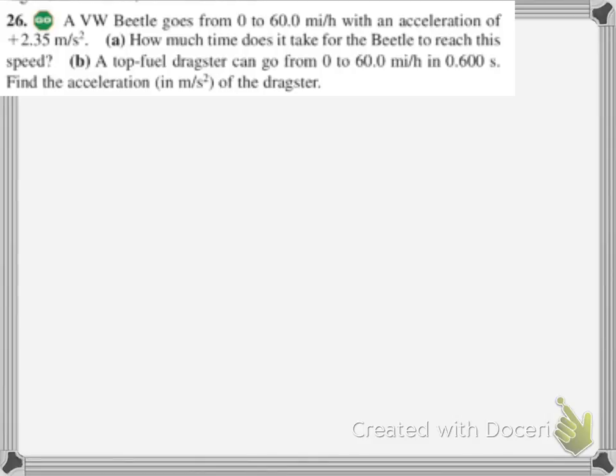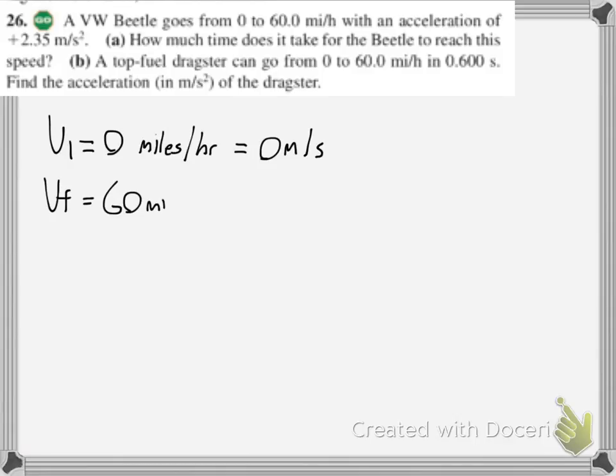Okay, so for part A, we would start off by finding the variables of the Beetle. We get that our initial velocity is 0 miles per hour, which is equal to 0 meters per second, because we have to convert to our SI units. We would do the same thing for our final velocity, which is 60 miles an hour, which is equal to 26.82 meters per second.